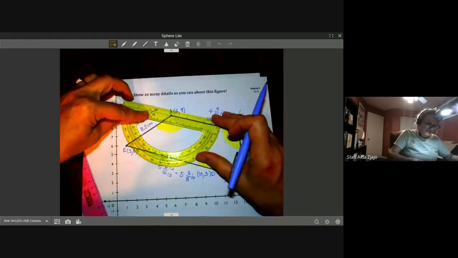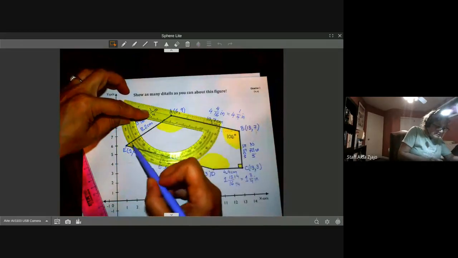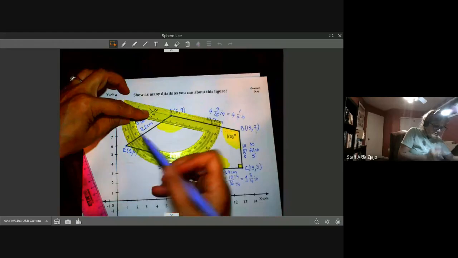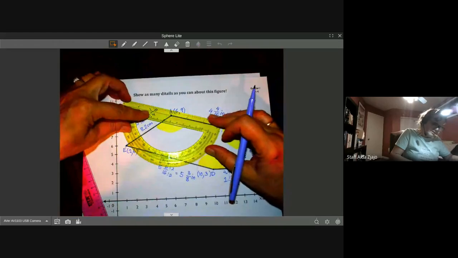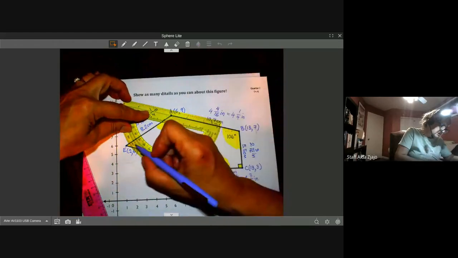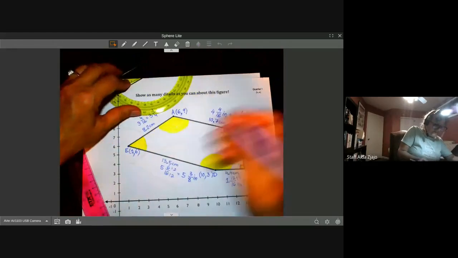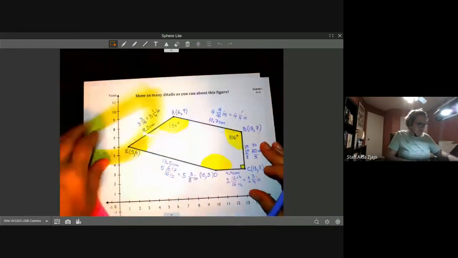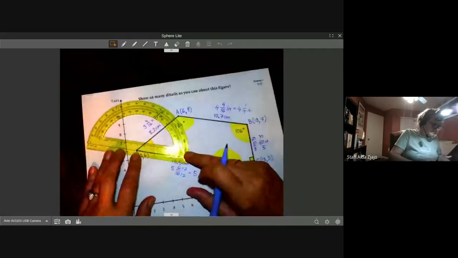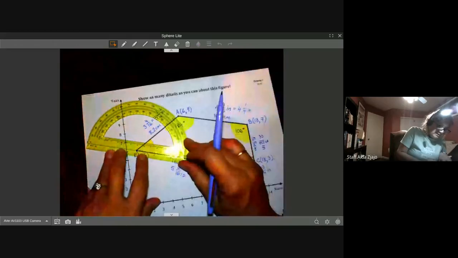Okay, so that would be 0 all the way to here is 130, 131, 132, 133, 134. About 130. Okay, 1, 2, 3, 4, 134. So 134 degrees. Of course, there could be a little bit of error because the lines are thick and precision is not as great as it should be.